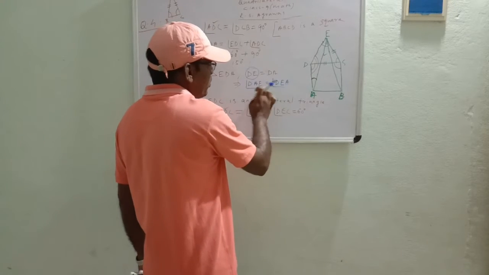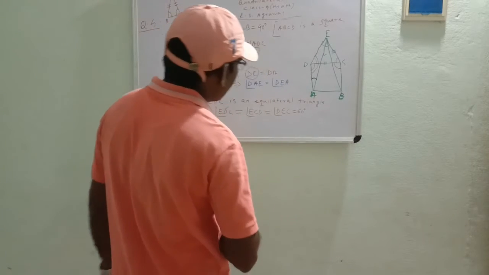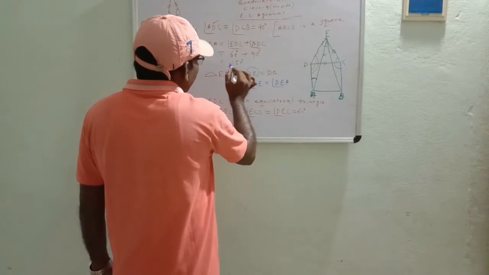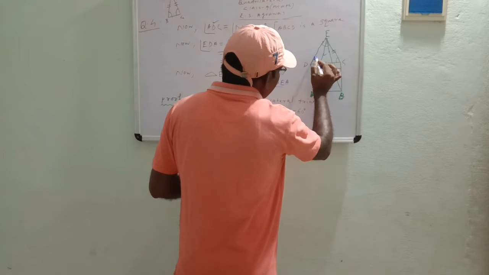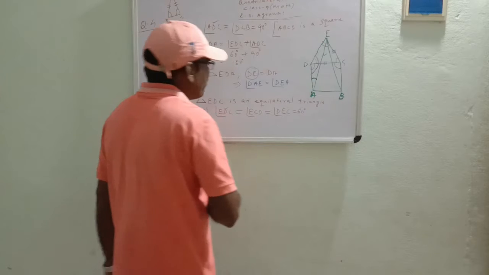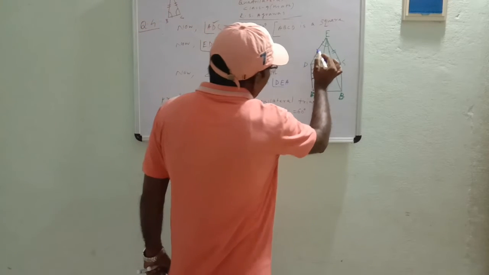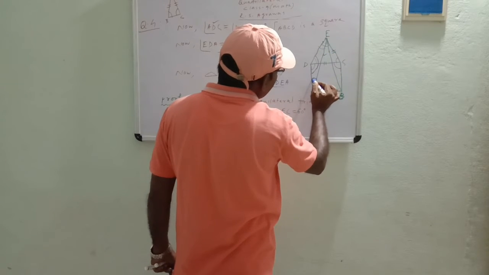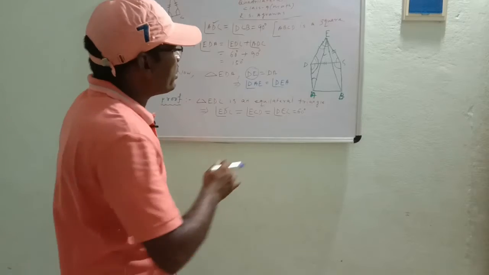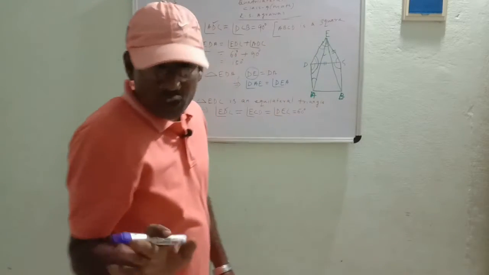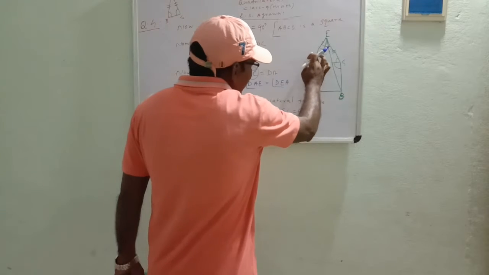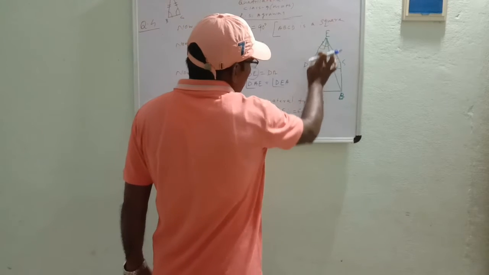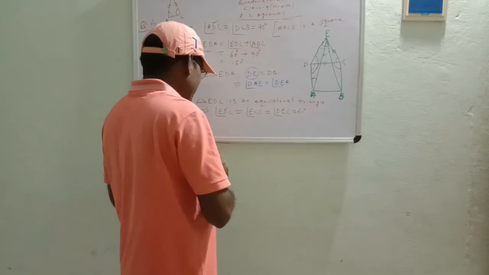These two angles must be equal, as these two sides are equal. But you have already found out that angle EDA, this angle, is 150 degrees. Then the sum of these two angles must be 30, because the sum of the three angles in a triangle is 180. You have already known that. As this angle is 150, the sum of these two angles must be 30. So write it.